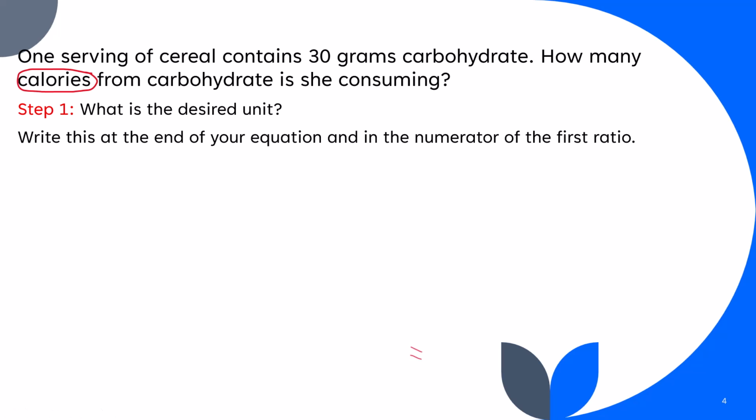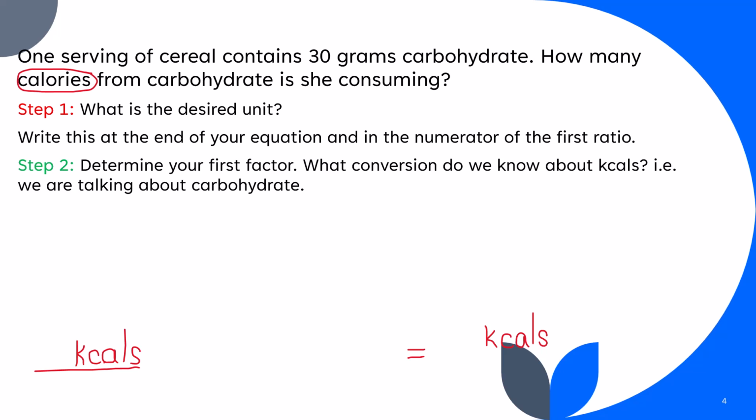So we write this at the end of the equation because that's going to be our answer. We also add this to the beginning in the numerator of the first ratio. So the end unit and the numerator of the first ratio will have the same units. The next step. Determine your first factor. That first factor is going to be this ratio.